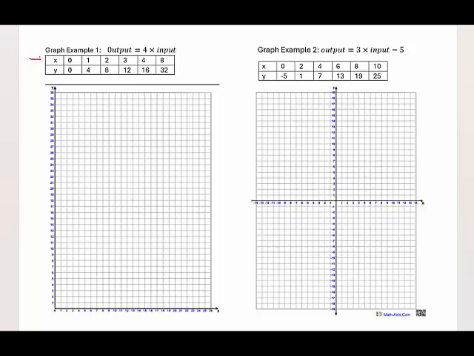remember X goes across either way and Y is up and down. So the coordinates, if this was a coordinate pair, that would be 0, 0.